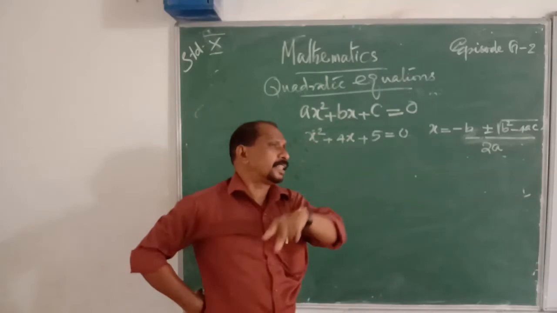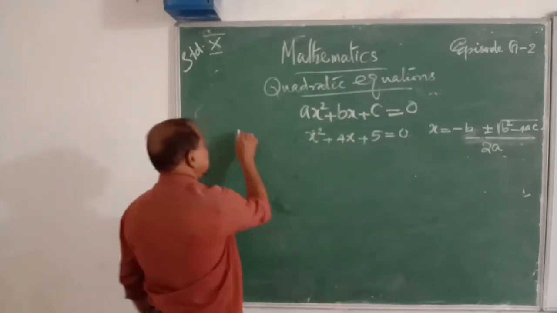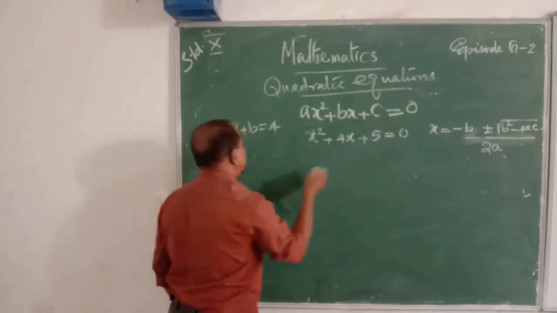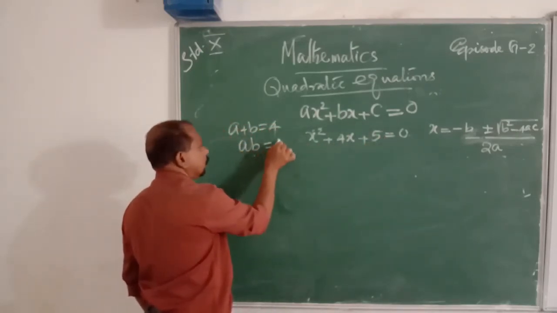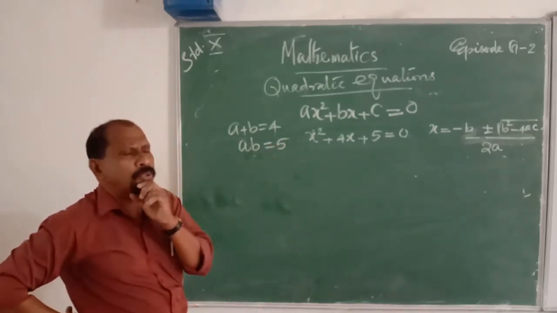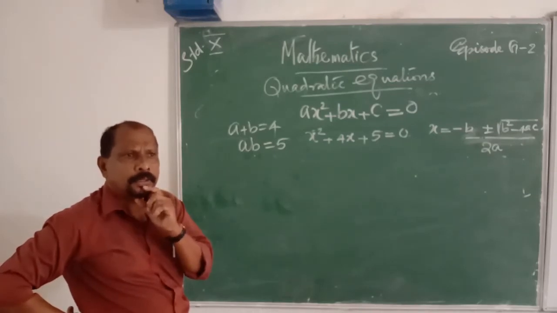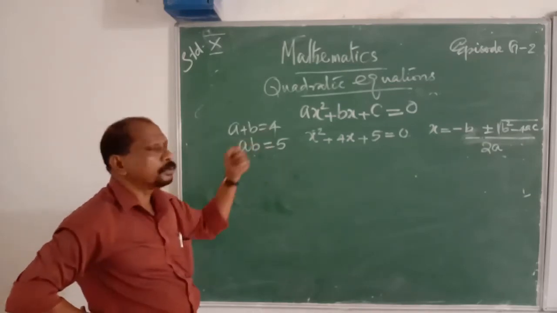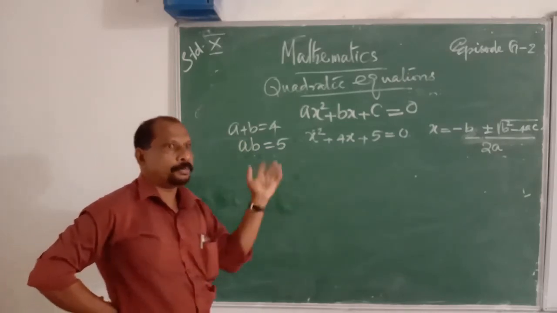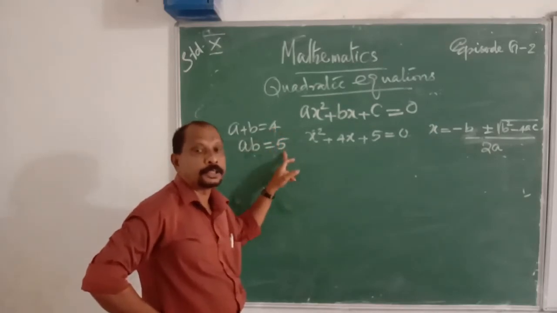By the factorization method, we know that a plus b is equal to 4 and a into b is equal to 5, which implies that the product is 5 and the sum is 4. 5 into 1 is 5, 5 plus 1 is 6, that is not equal to 4. 5 minus 1 is 4, but 5 into minus 1 is minus 5.